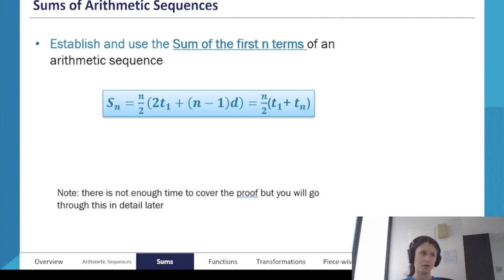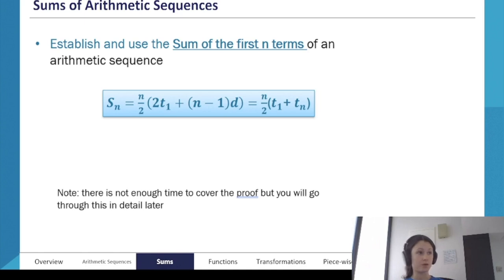Okay. So as I said before, this is the formula that we're using for the sum of an arithmetic sequence. What it basically tells us is the sum up to a certain term n. So the sum of the first n terms.